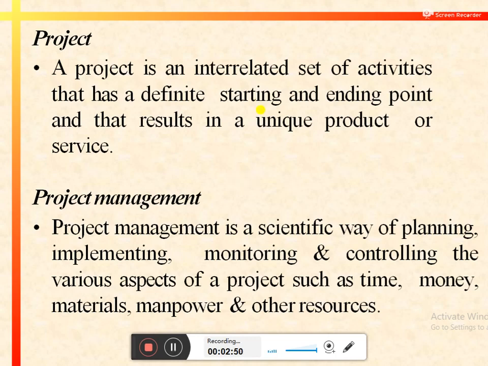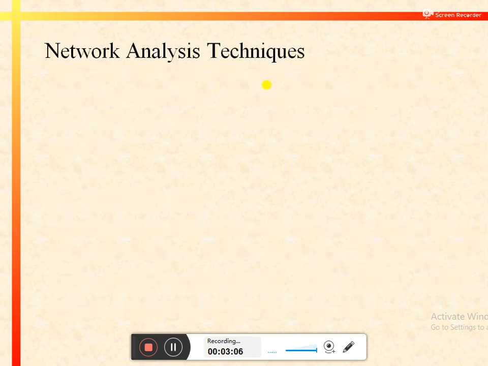So to manage the complex and mega projects, there are several mathematical or analytical techniques that can be used in different situations. In this lecture, we would discuss some network analysis techniques that are used for the management of a project.